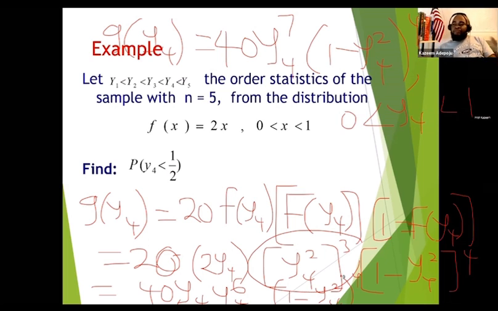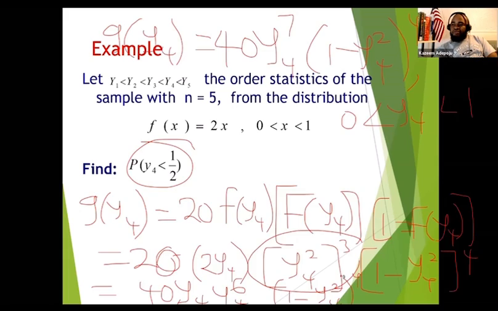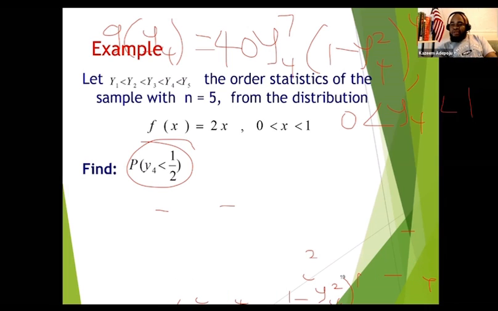Now that I've gotten my PDF, it is time to find out the probability of y4.